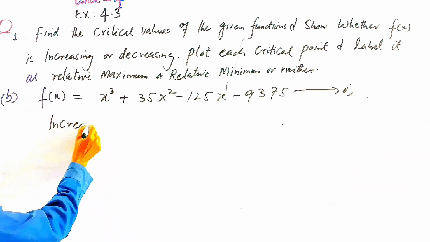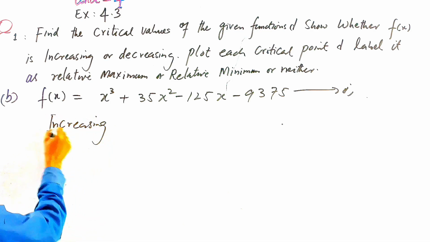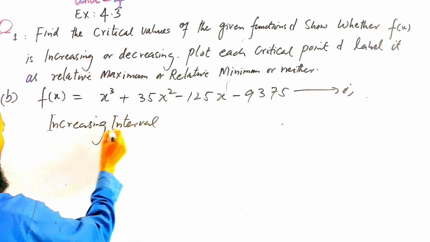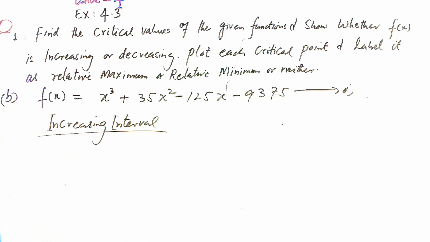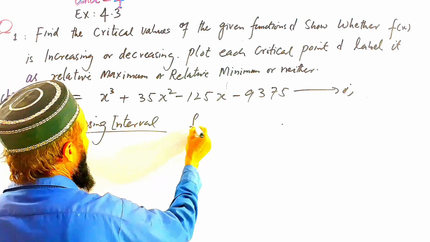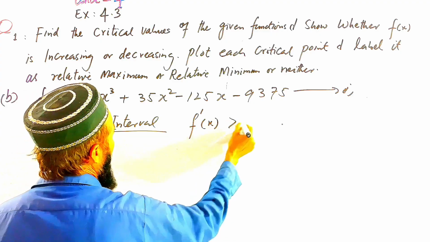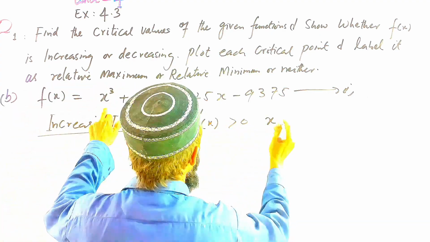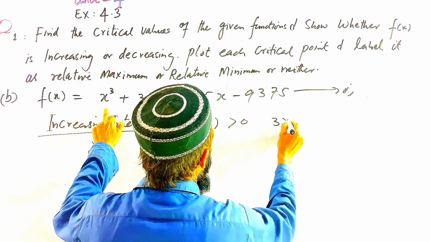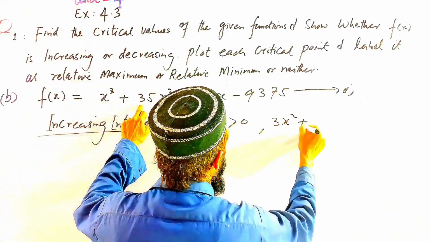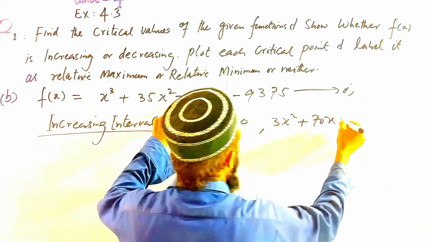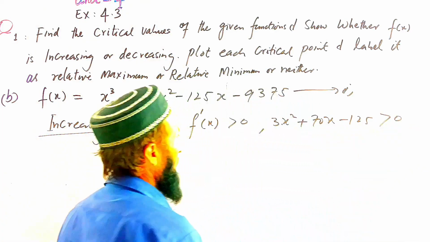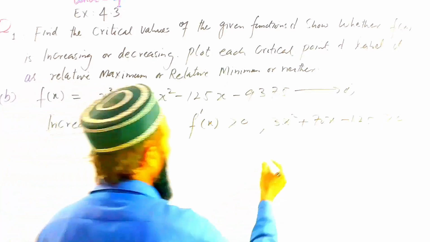Increasing interval. For the increasing interval, according to the definition, f dash x is greater than 0, and here f dash is 3x square plus 70x minus 125 greater than 0. So we simplify this result.